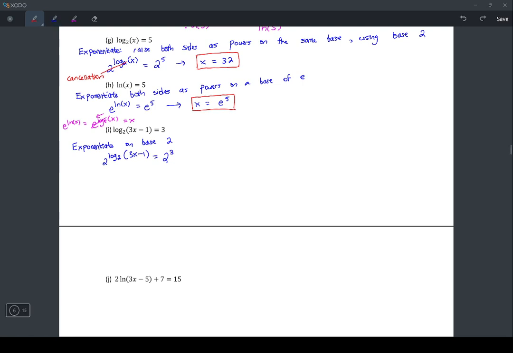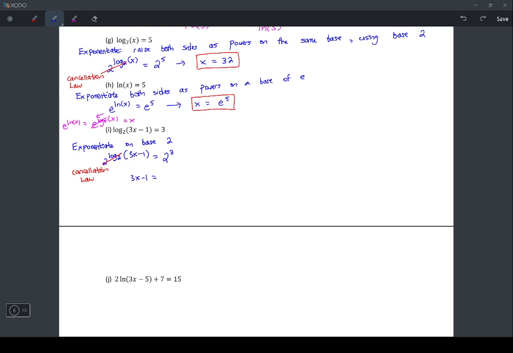On the left, there's a cancellation law. I should attach the word law to this. This is a special law, essentially how exponential functions and log functions are defined, through the cancellation law. So what we're left with on the left is just the argument of the function, 3x minus 1.